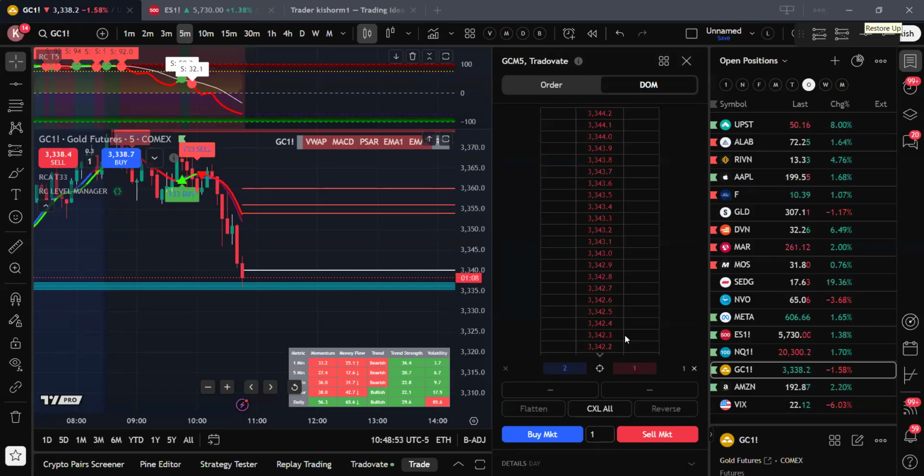Sometime again, ES will drop and gold will start moving up in a few minutes. GC will start moving up and ES will start dropping.